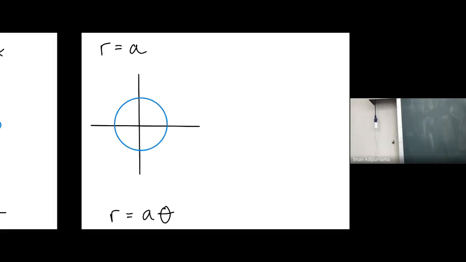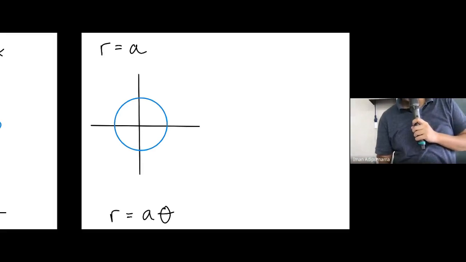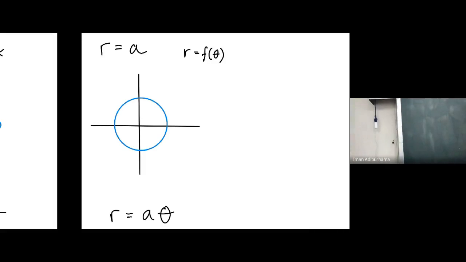Sometimes if you are beginning to learn what polar coordinates are, you will mix up x, y, and r, theta. What is a polar coordinate? Basically you have r and you have functions of theta. So the function is based on theta.